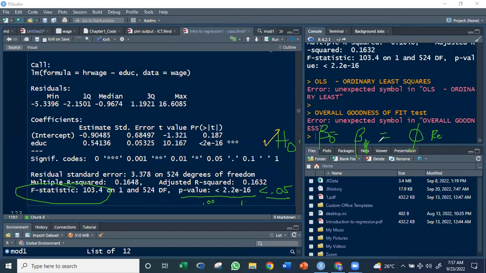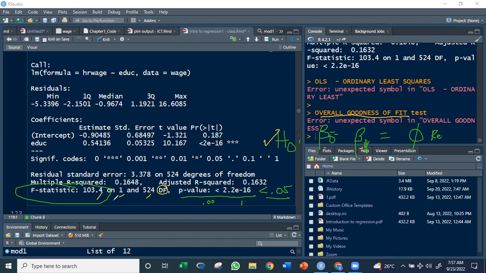That's why this is called, class, the overall goodness of fit. Kasi sabay-sabay nating hina-hypothesize yung mga parameters. Beta null is equal to beta 1 is equal to 0. And then sa output natin, you have 2 degrees of freedom, df1 and df2, and then we have the f-stat and the p-value.